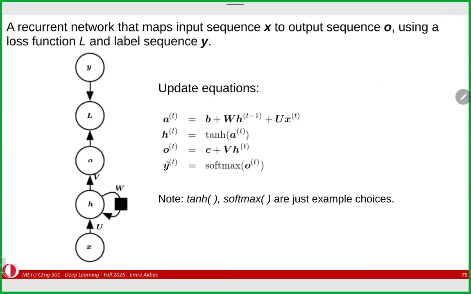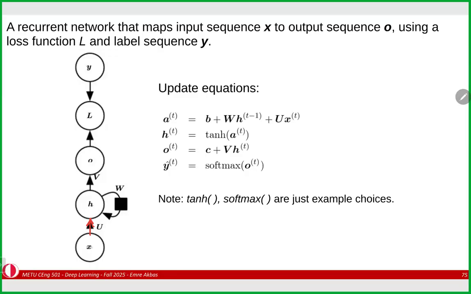So let's look at the update equations. What it is actually doing. There are several update equations going on here. Let's look at the input to hidden transition. So let's look at this arrow first. From the input, we compute the hidden state, right?